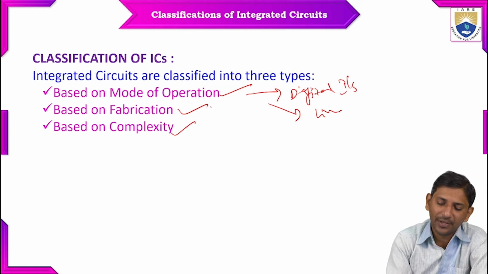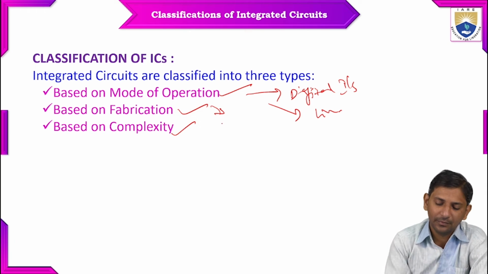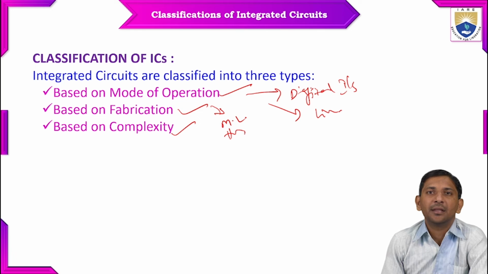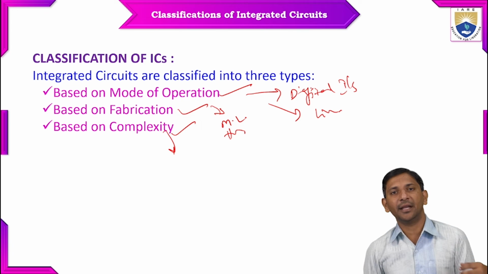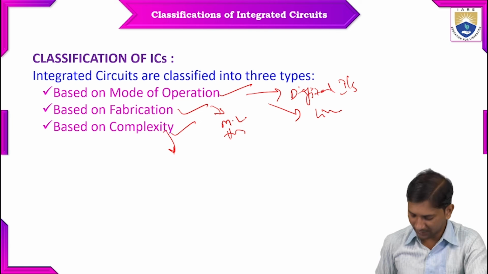Based on fabrication, we have monolithic technology based ICs and hybrid technology based ICs. Complexity based, there are different types of ICs designed, which we will see next.